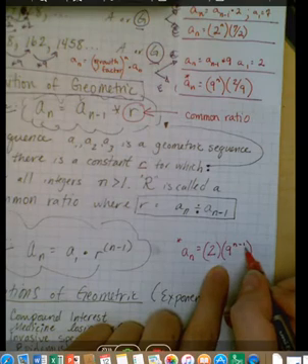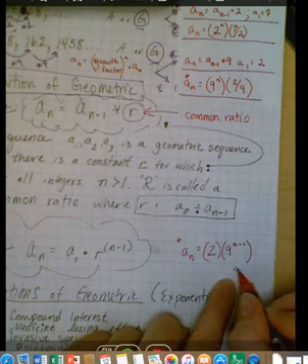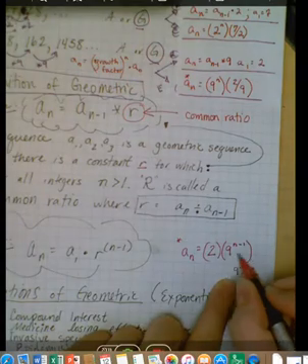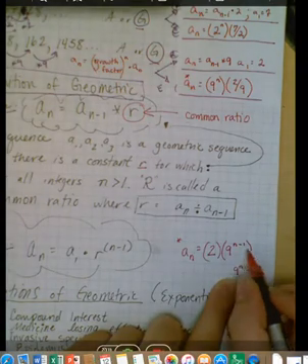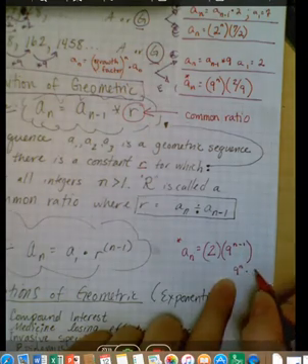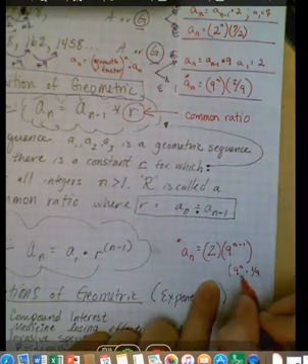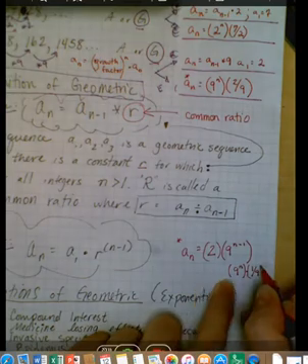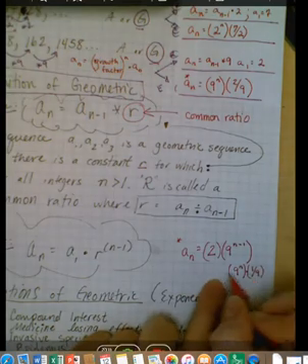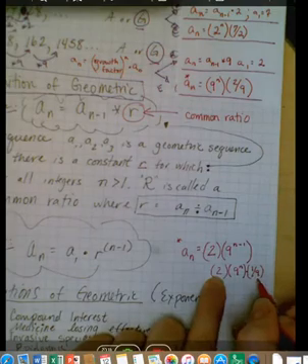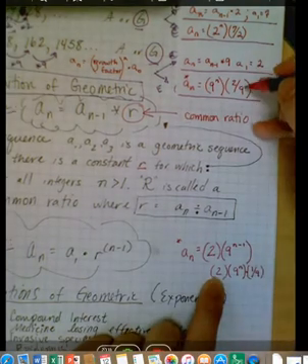Well, 9 to the n minus 1 is the same as 9 to the nth times 9 to the negative first. Well, 9 to the negative first would be the same as multiplying it by 1/9. So I would have 9 to the nth times 1/9 times 2. And then these terms right here would become the 2/9.